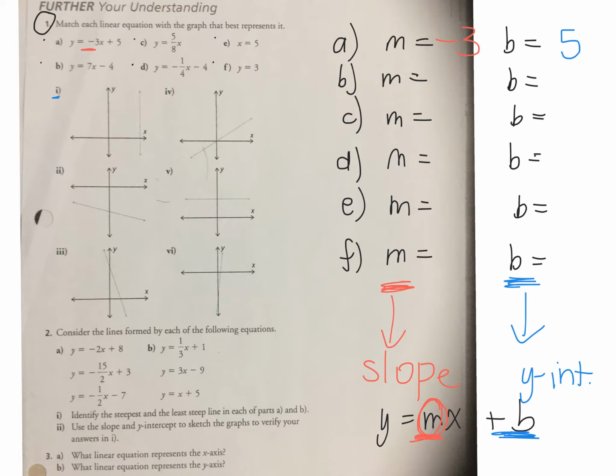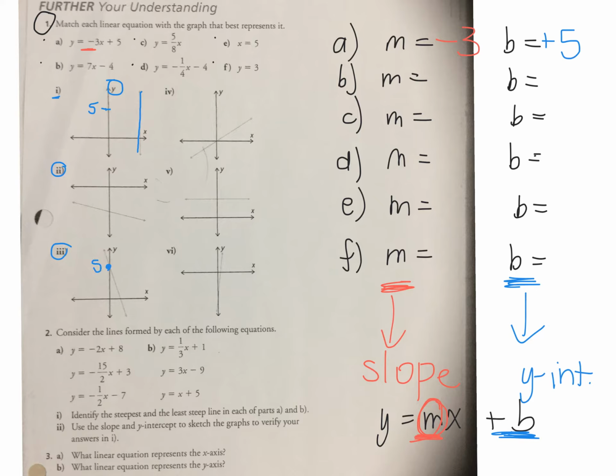Yes or no? Here's the line. Is that intercepting the y-axis at 5? No. Is number 2 intercepting the y-axis at positive 5? Is number 3 intercepting the y-axis at positive 5? Yes.